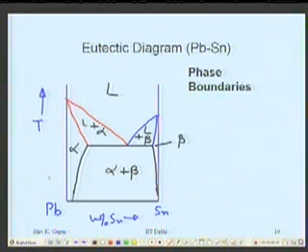Here we have boundaries which are defined liquidus. This is liquidus 1 from the melting point of lead, which is 327 degrees centigrade, goes up to this temperature, which is 183 degrees centigrade, and this composition up to which it goes is 62% of tin.